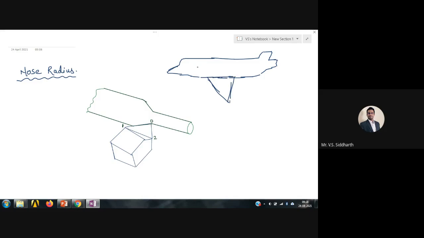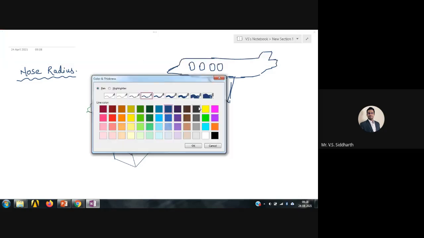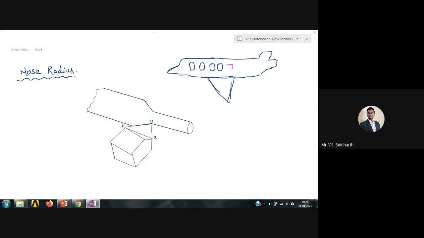Our concentration is on the windows. How are the windows of the airplane, whether they are like this, or whether they are like this.